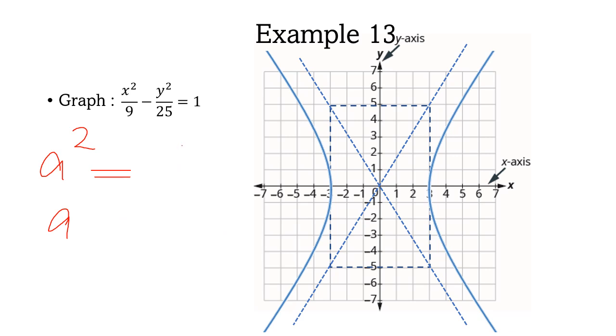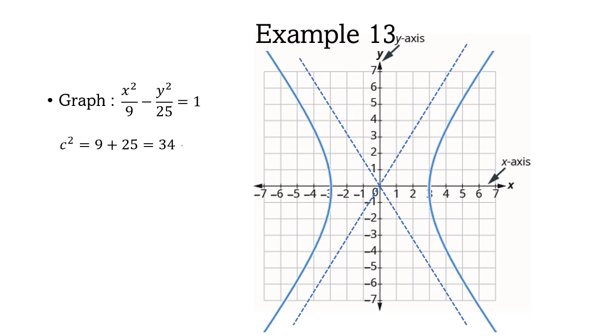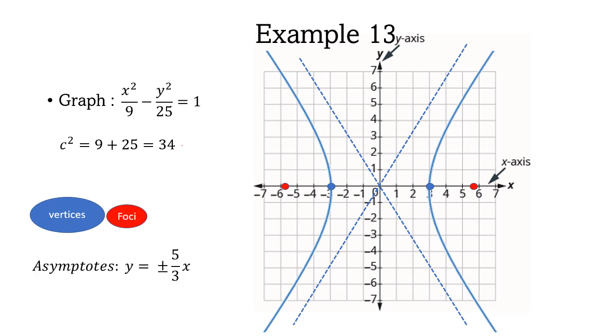Now the foci: c squared is a squared plus b squared, so the foci are at plus or minus square root of 34. Now the asymptotes are plus or minus b over a x.